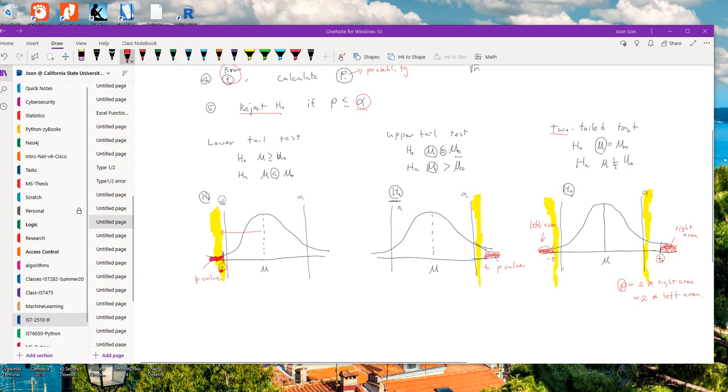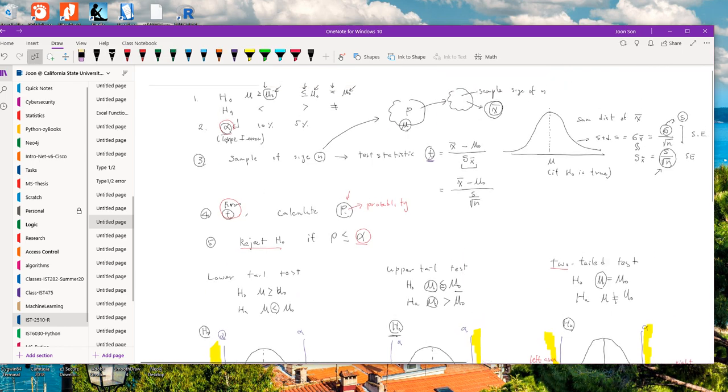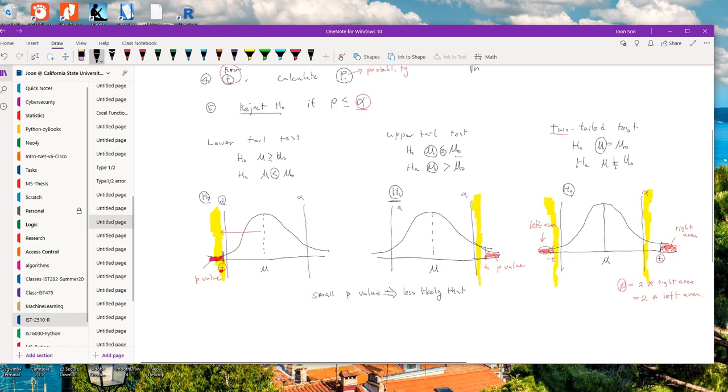In general, a small p-value means it is less likely that the sample we got from the population could have been collected from a population for which the null hypothesis is true.